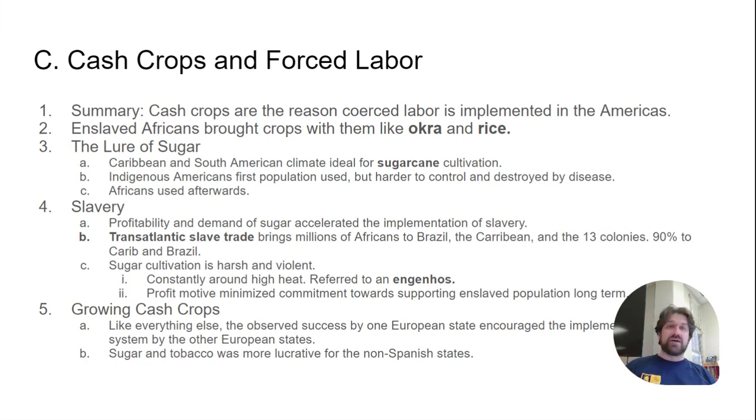As a cash crop, it is probably the most valuable crop. It completely changes the Eurasian diet too, because sugar used to be a pretty rare commodity, but also a high-demand commodity because of the flavor it imparts to food. Even though we think of sugar and sweetness as such a common taste, specifically in the American diet, it was pretty rare.